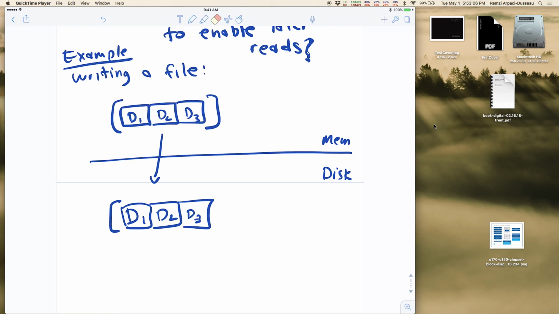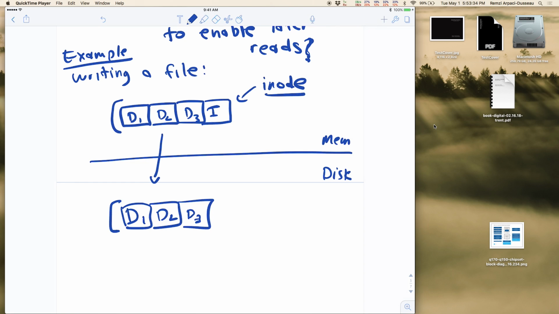But of course, we know we have to write more than just data blocks when we're writing something to a file. So immediately what we think of doing is, of course, part of what we're writing is, say, an inode structure that's going to tell us for this file where its different blocks are. Let's say we have an inode here, and I'll just pretend for simplicity that this inode is 1 block in size, but really inodes are pretty small compared to data blocks, right?